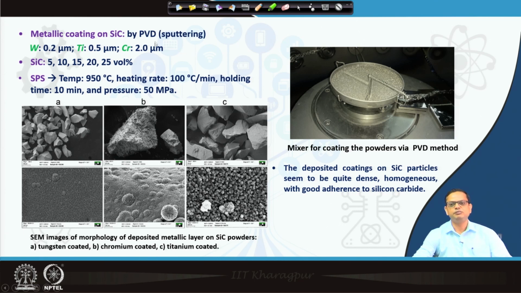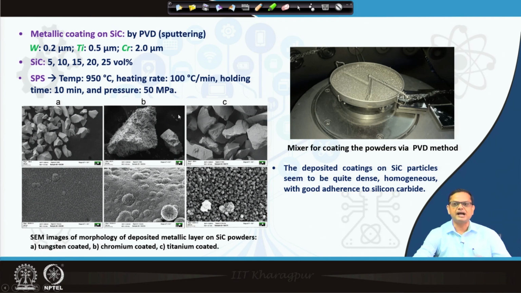That means there will be a target of these elemental elements, and those targets will be sputtered so that you create a vapor phase of these elements, and that vapor phase will ultimately get deposited on the SiC particles and make a thin film of the elements tungsten, titanium and chromium.